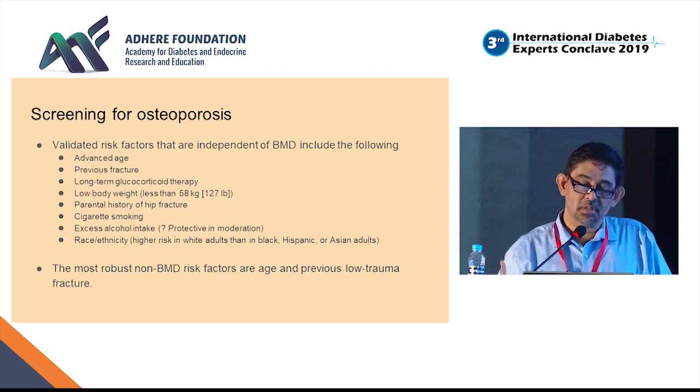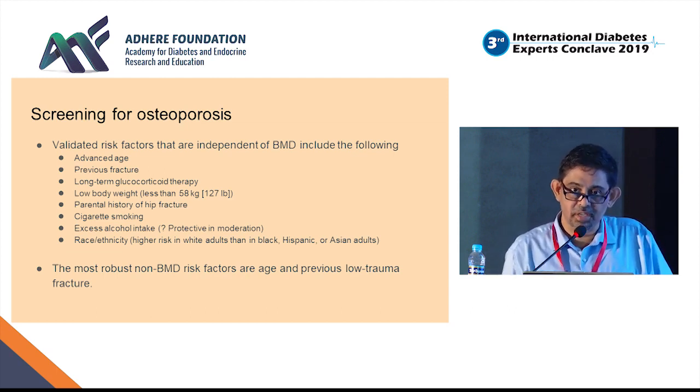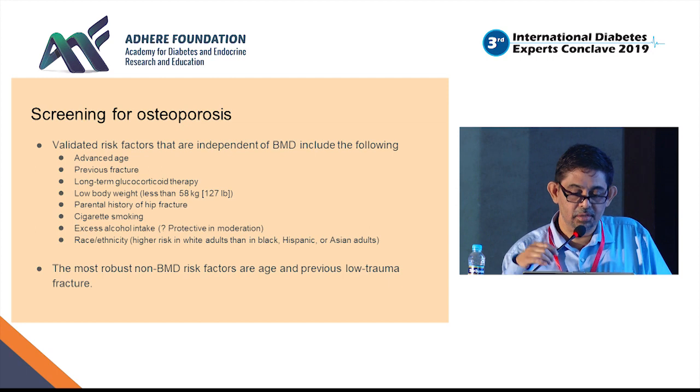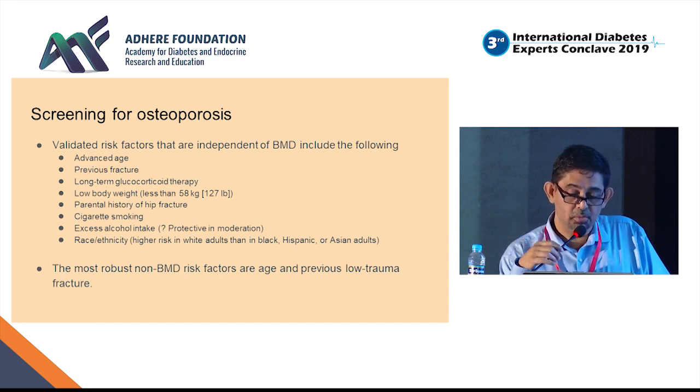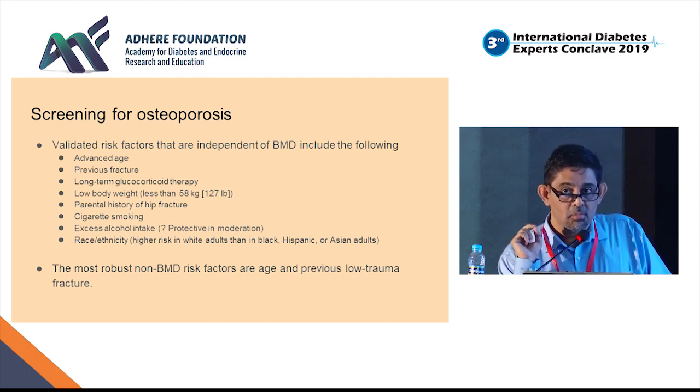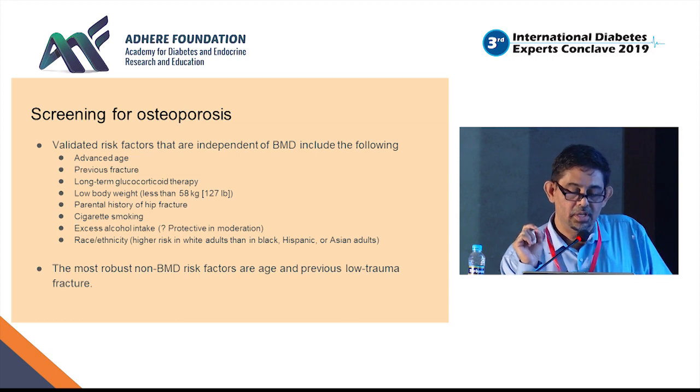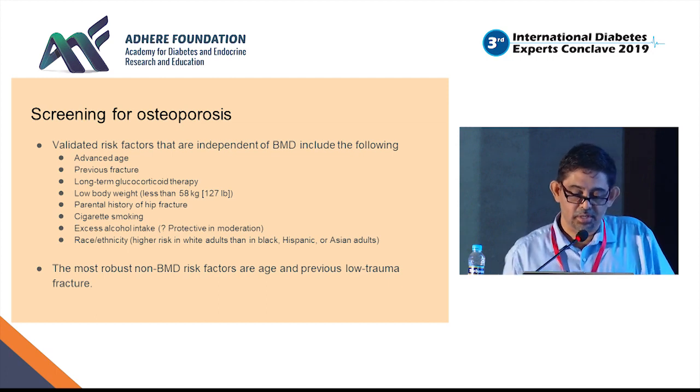If your patient is a low body weight patient, less than 58 kgs, then this patient is also more likely to have osteoporosis, and then you need to screen. A parental history of hip fractures, we'll discuss that briefly in a few slides later. Cigarette smoking, current cigarette smoking, as well as previous cigarette smoking. Excess alcohol intake is a risk factor. Alcohol intake in moderation is actually protective. And we'll see that race and ethnicity is a very important consideration again.